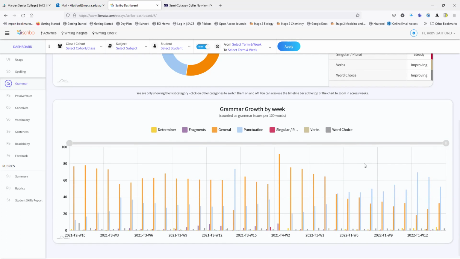And if we have a look down here, once again we can see how students have been going over that whole time. And so again, where our students have been using it quite a lot this year, then punctuation's been picked up a lot more. So that at least explains in some part why punctuation's increased perhaps.